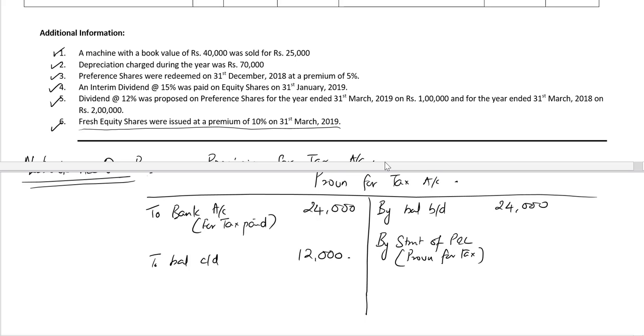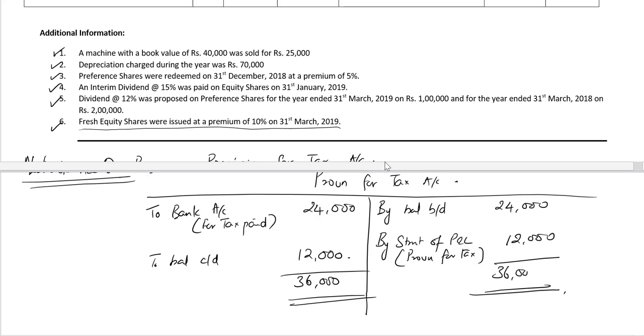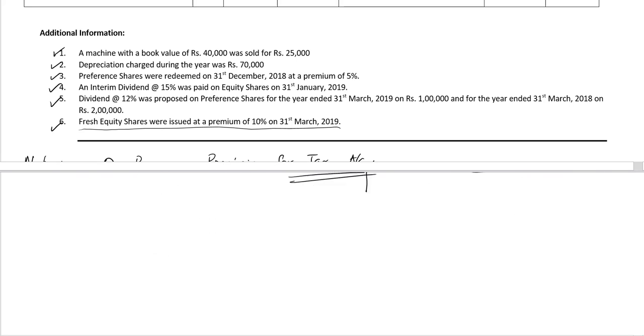That will be the amount of the closing balance, 12,000 rupees. Balance is with 36,000 rupees. Provision for tax account is done. We'll move on to the machinery account. Machinery account.